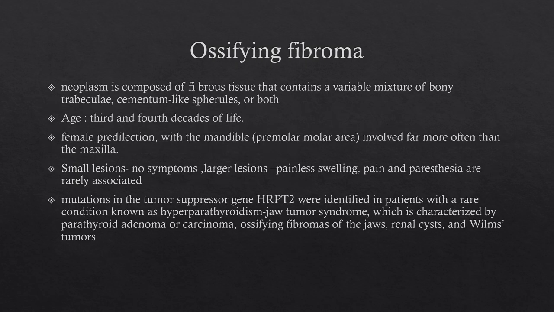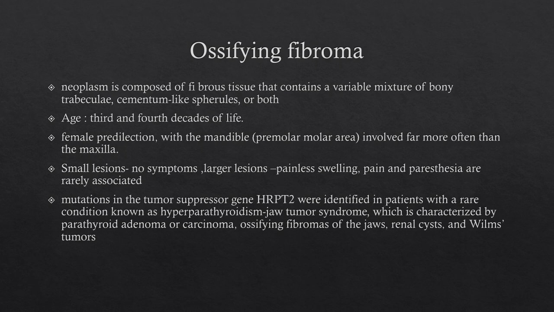Ossifying fibroma is a fibroosseous lesion again, like I mentioned. Fibrous dysplasia and Paget's disease is another fibroosseous lesion, and the differentiation is necessary for treatment, as the features are going to be very similar to those of Paget's or fibrous dysplasia.